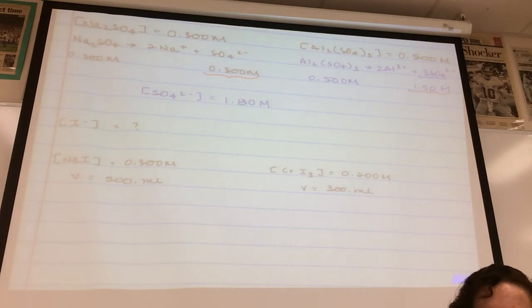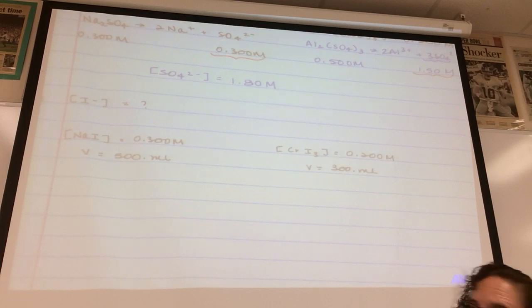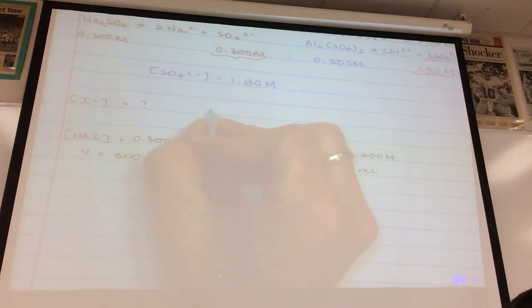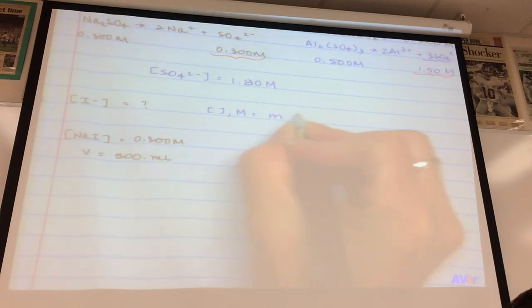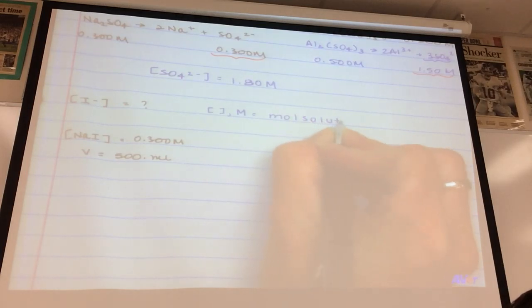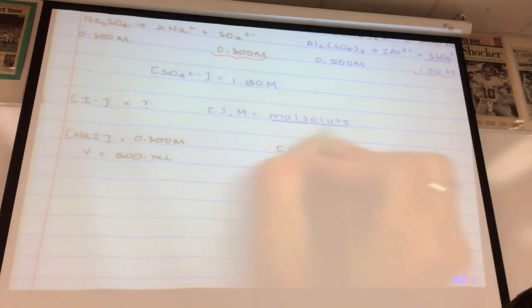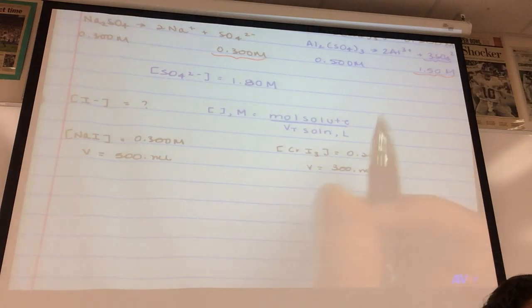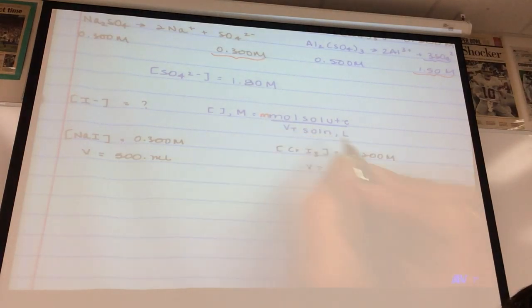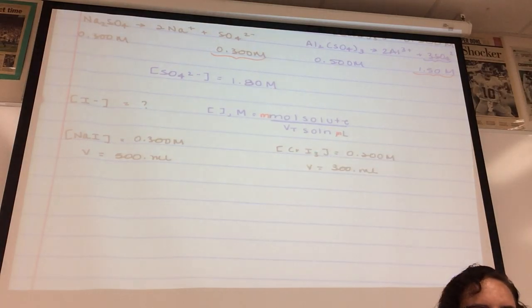The first thing we want to remind ourselves of is that concentration expressed as molarity is moles of solute over the total volume of solution in liters, or millimoles of solute over the total volume in milliliters.